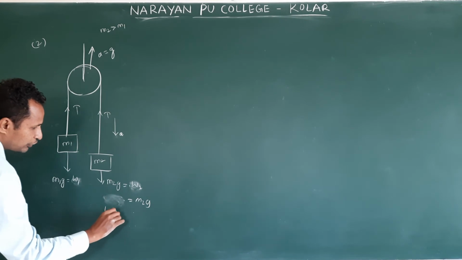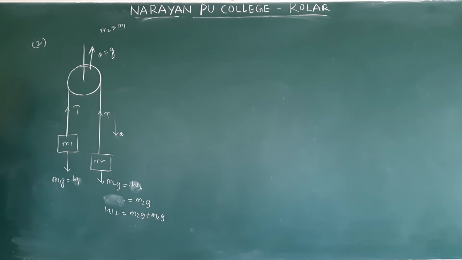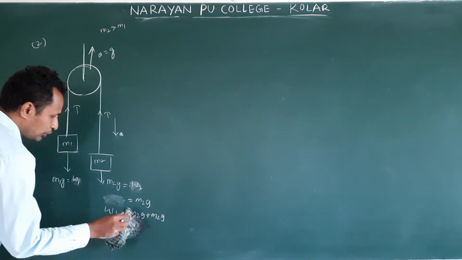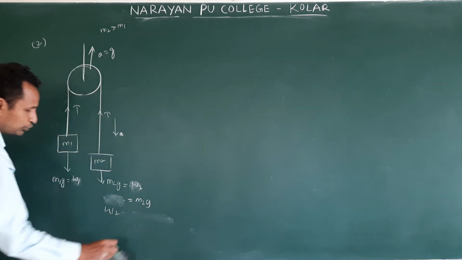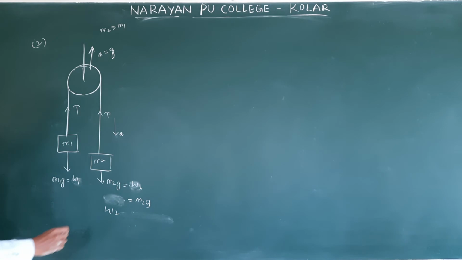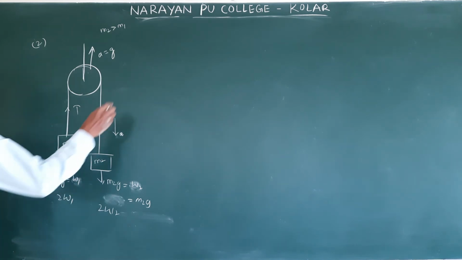We write W2 is equal to M2g plus M2g. Clear? Single one is W2, and due to this additional, this will become 2W2. Am I correct or not? M2g plus M2g, and this will also become 2W1 due to acceleration.